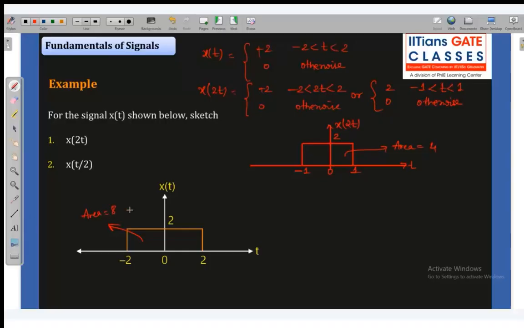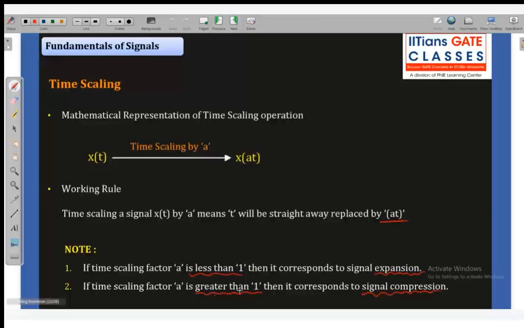Now we will make some rule, don't worry. One thing is that it is compressed, as you can see that this factor a is 2 here, which is greater than 1, so it is compression. We have written that if a is greater than 1, signal compression will be done.